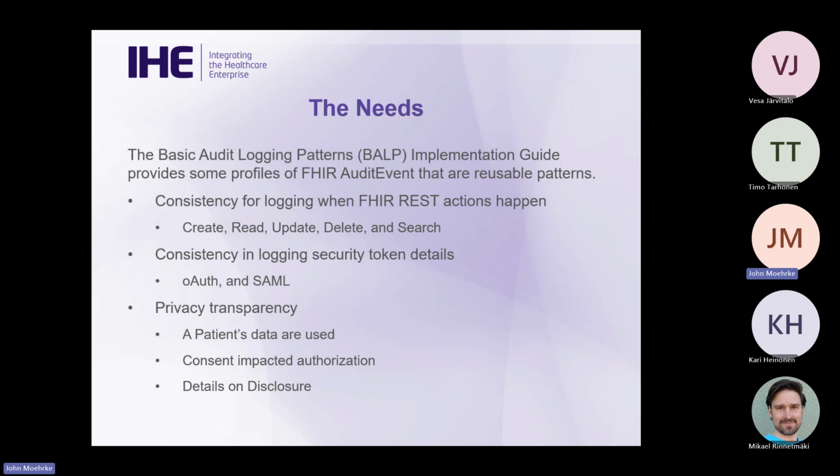When an authorization decision is made that's based on a consent, how do you indicate that this authorization was based on a consent, and what consent was it based on? There is a concept of an explicit disclosure, so you know that this isn't just a random, authorized RESTful interaction, but it's explicitly a disclosure outside of the scope of your security.